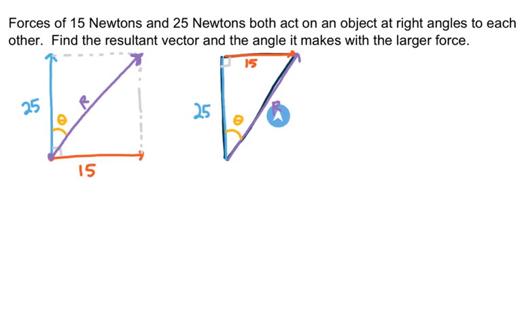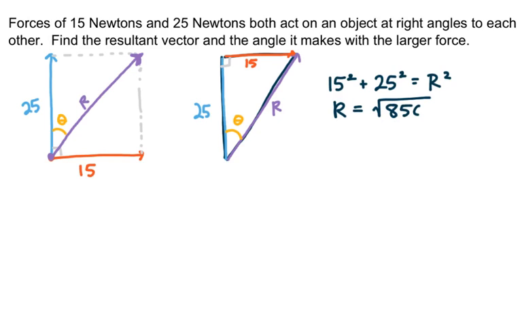So what is r? Well, Pythagorean theorem: 15 squared plus 25 squared is going to equal r squared, or rather, r is the square root of 850. Now, it could be plus or minus, but we know since these were both positive forces that this is going to be a positive force. All right? Also, we want to find theta.